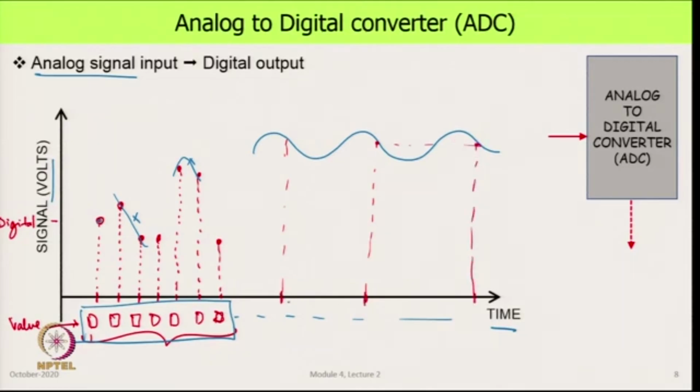So, what we are saying is that the time at which we are sampling is 1 over the value of the frequency of the signal, or it is equal to the period of this sine wave. So, what will happen? We will get this value, then we get this value, then we get this value, and so on. And then when you look at the digital numbers where this analog signal has disappeared, what do we see?